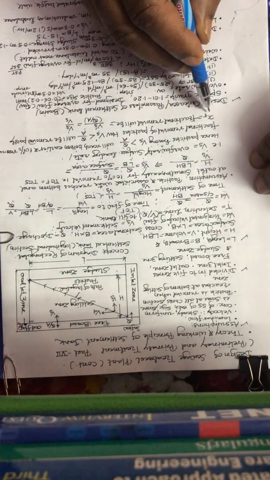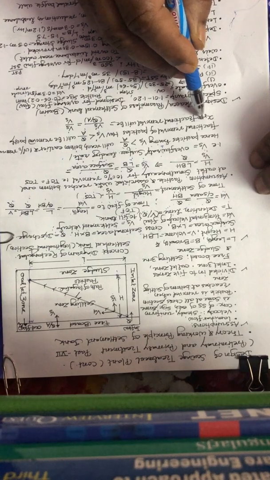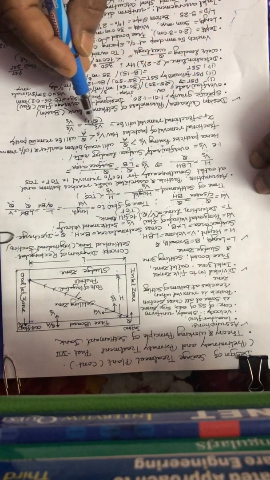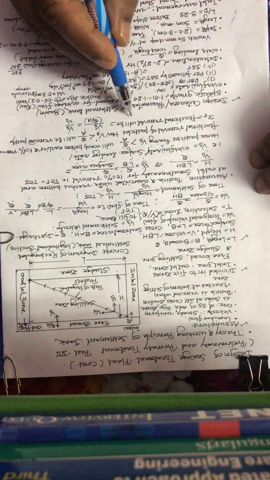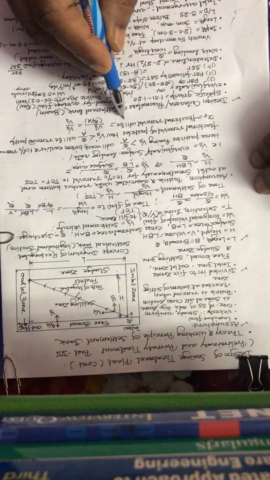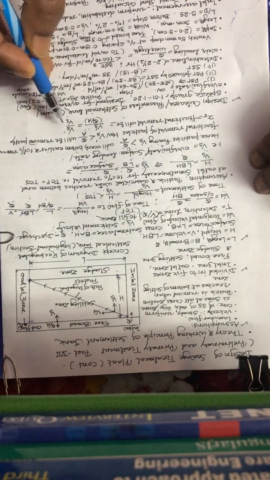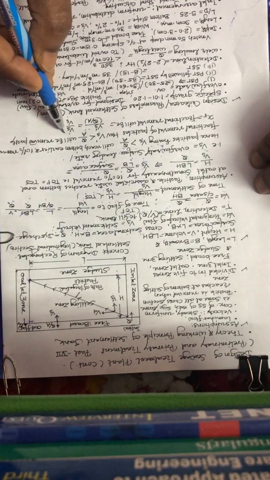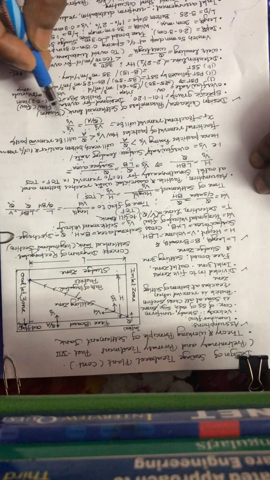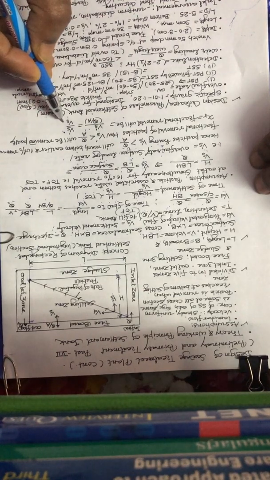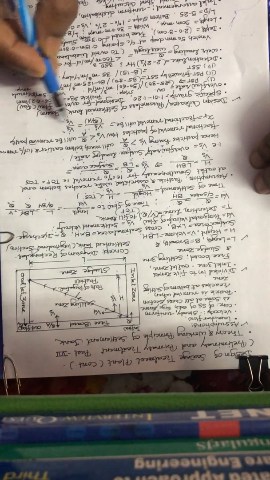So the fraction of the particles which are removed for the velocity of settlement V dash S can be determined by the formula V dash S divided by Q upon A, that is V dash S upon Vs. So this ratio, that is the settlement rate of the smaller particle to the settlement rate of the targeted particle, is the fraction by which the smaller particles having settlement velocity V dash S will be removed.